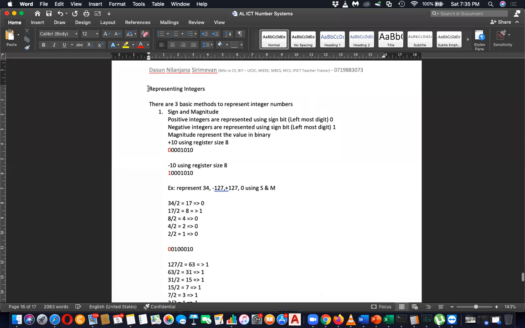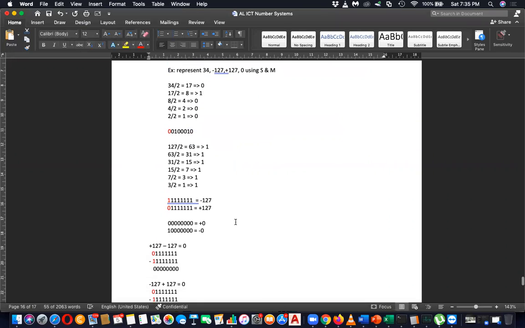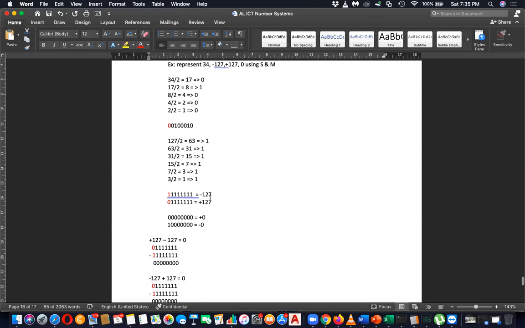This part, I think you have finished writing, no? The first part. Netoli, finished writing the first part? Yes, sir. Okay, then can you write the second one, the examples, quickly? This is equal to plus 34, and this is minus 127. This is plus 127, and this is plus 0. This is negative, minus 0.